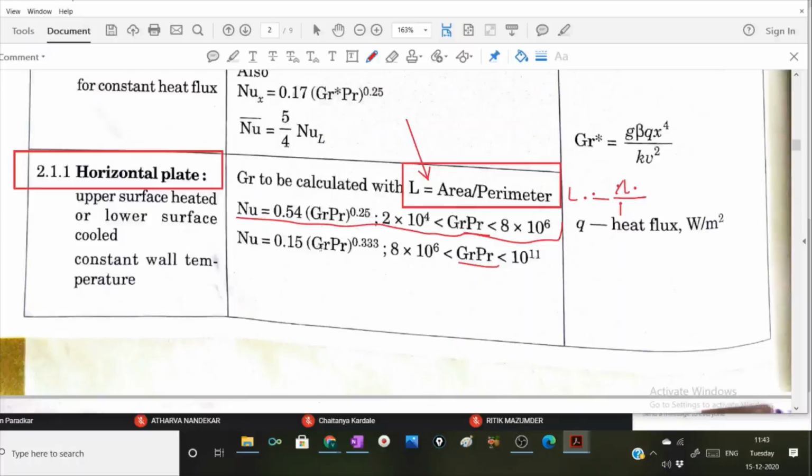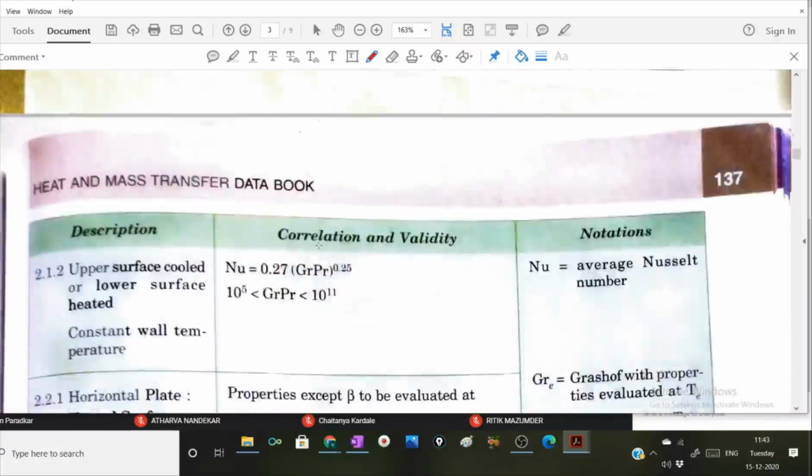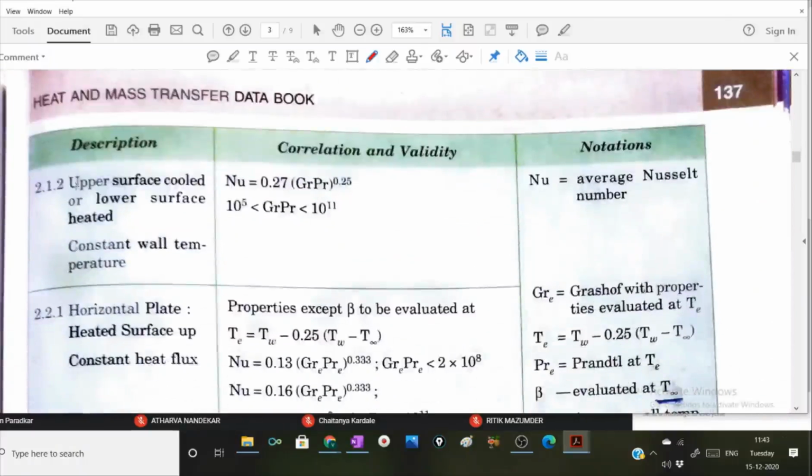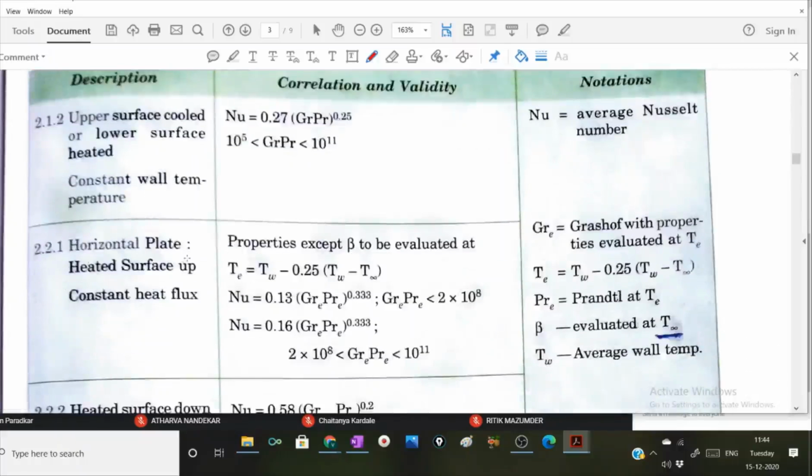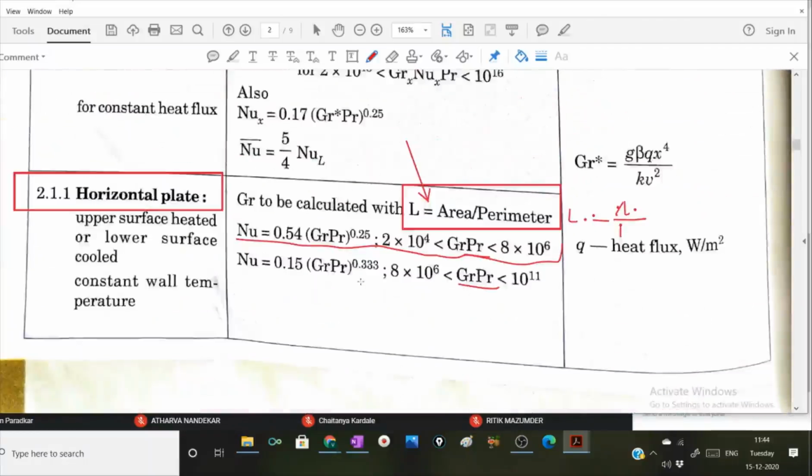Even if you move on to equation 2.1.2, see here, upper surface cooled or lower surface heated, which is not applicable. 2.2.1 is a horizontal plate, heated surface up, but this is for constant heat flux boundary condition. This way, expressions for Nusselt numbers are changing. In our case 2.1.1 will be applicable. So we will select this formula for Nusselt number.